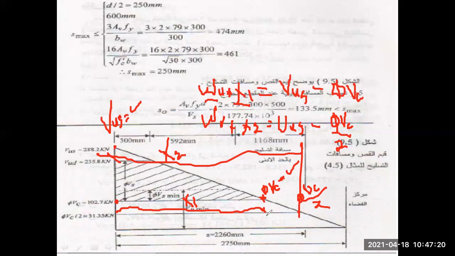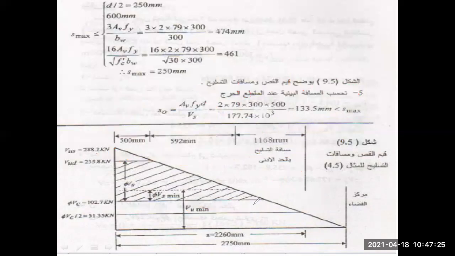So that's how we calculate the location, because it's very important to know where each one of these is located. We have to know where each one of these is located from the face of the support. This one at the support, this one at distance d from the support, this one, which is Vc, is at x from the support, okay, and this one Vc over 2.